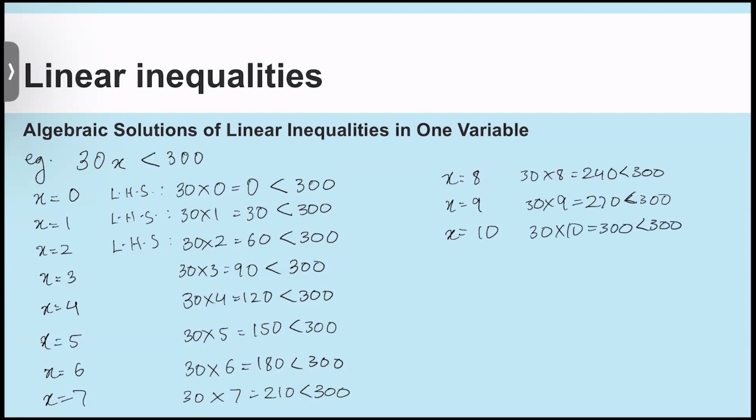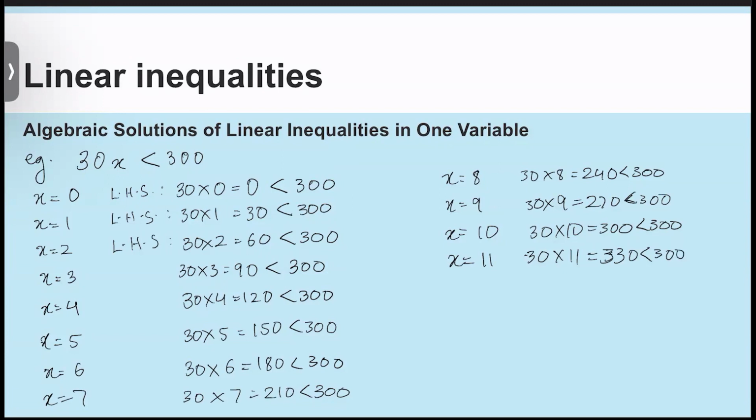Now we will see for which values of x our statement, 30x is less than 300, holds. We have gone up to the value of 300 and also one step beyond that.